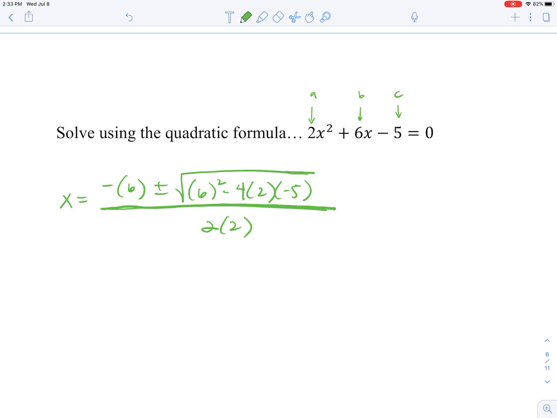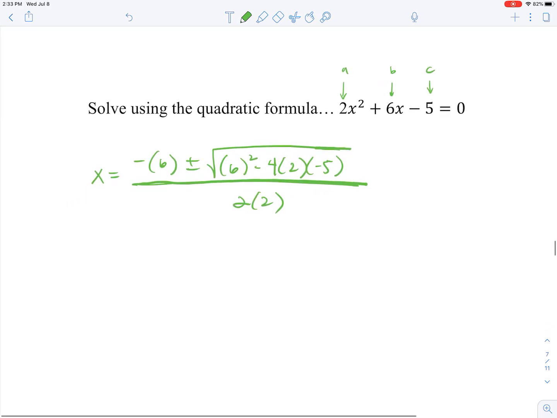Please make sure that your division bar extends so that it's under your entire numerator. And please also make sure that the radical here extends as well.